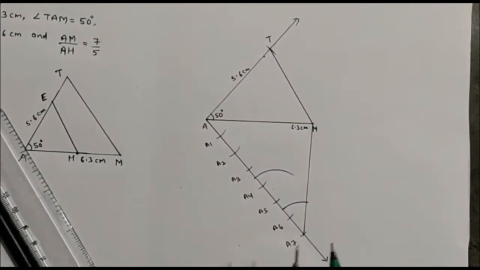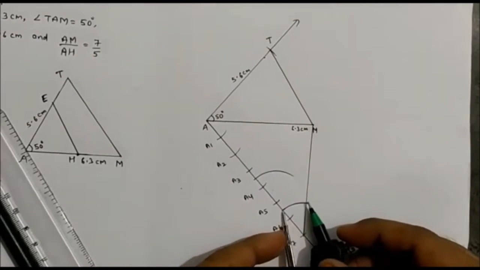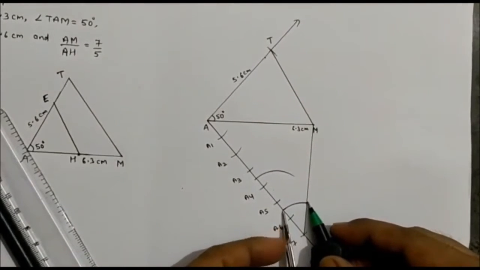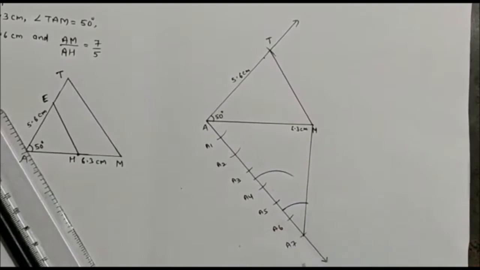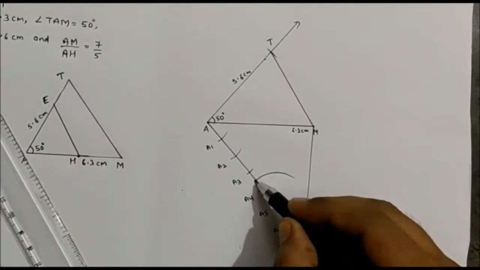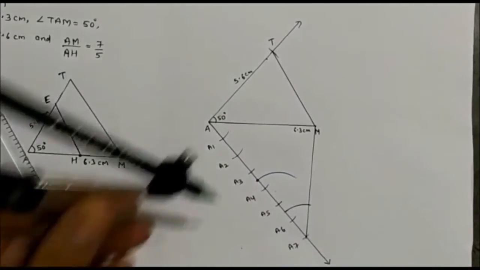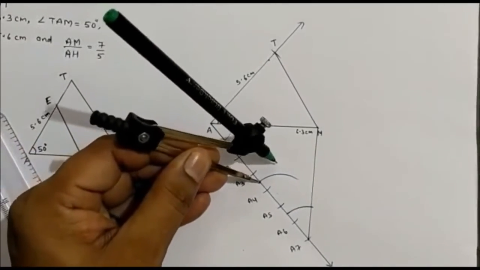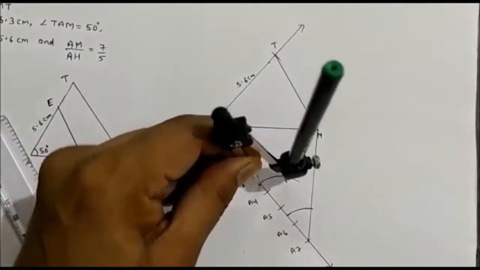Now take this distance, the distance of this arc, and now you keep it on this point, and from here you cut this arc.